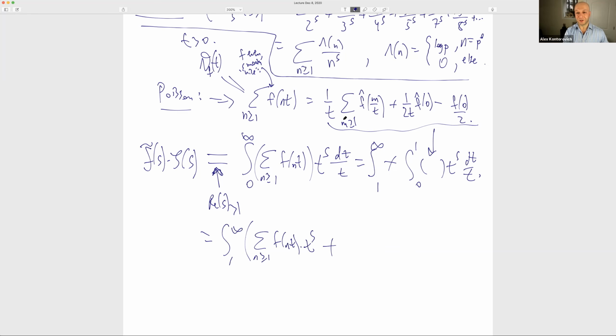And then there's this factor, which comes out to a sum over the positive integers of f hat of mt. Once we make a change of variables, t goes to 1 over t. This becomes a t, this becomes a minus s, so we get a factor of t to the 1 minus s. And that's all integrated dt over t. And then these last bits we can evaluate explicitly, which come out to something like f hat of 0 over 2 times 1 minus s, minus f of 0 over 2s.